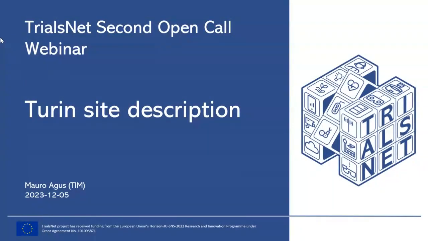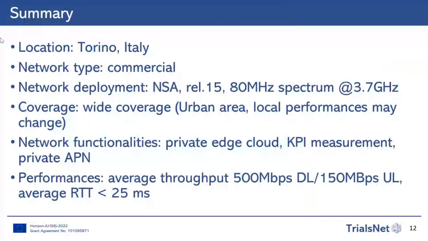Hello everybody, I'm Mauro Agus, the Turin site manager, and this is a very quick presentation just to summarize what we have in place to host use cases. The network type of the Torino cluster is a commercial network, with wide coverage, non-standalone Release 15.